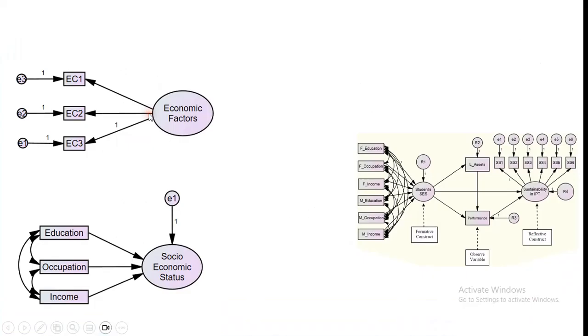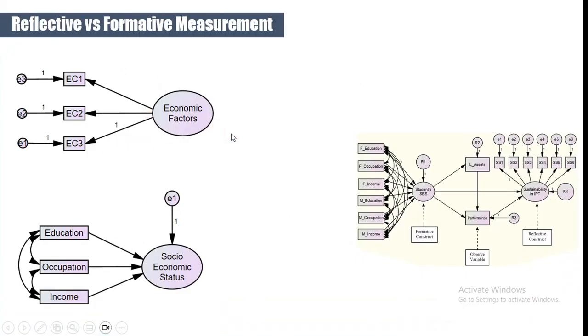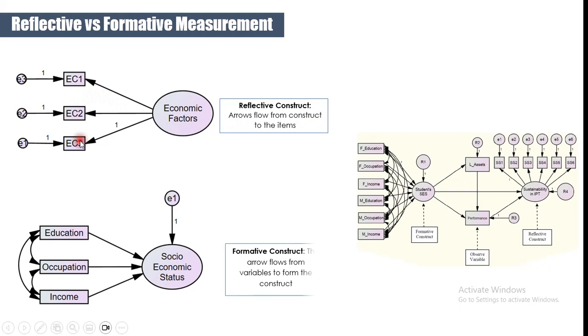Now let us look at how the models actually work in AMOS, how they look. You can see that the economic factor is a reflective one. That means we maybe used three questions that are similar. That's why it is a reflective one, and arrows flow from the construct to the items. The second one is the formative aspect.